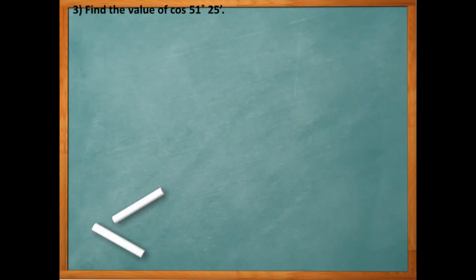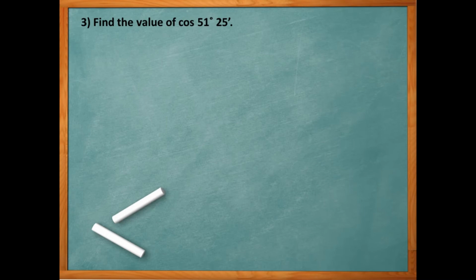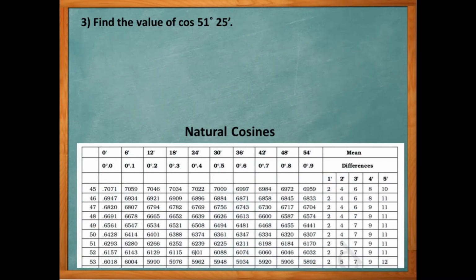So now let's have an example of cosine. Find the value of cosine 51 degrees and 25 minutes. So first, let's go to the first column and find cosine 51 degrees. So this is the row of 51 degrees. And now let's find the value of 25 minutes along 51 degrees.